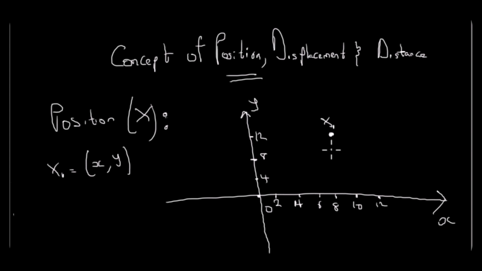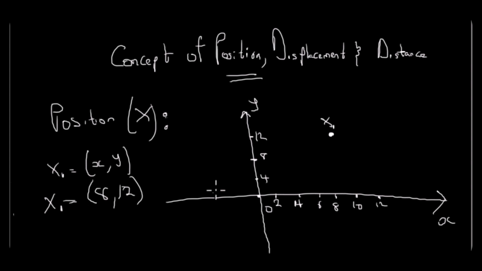This object is directly above my 8 position, so x1 will be 8, comma, then on the y-axis it is directly in front of 12. So that becomes 8, comma, 12. And then we have described this object's location successfully.